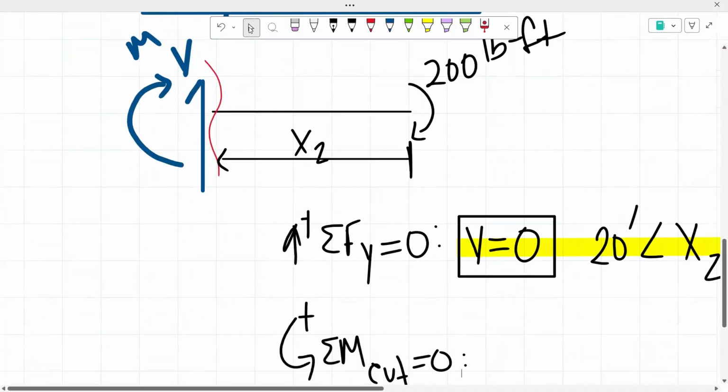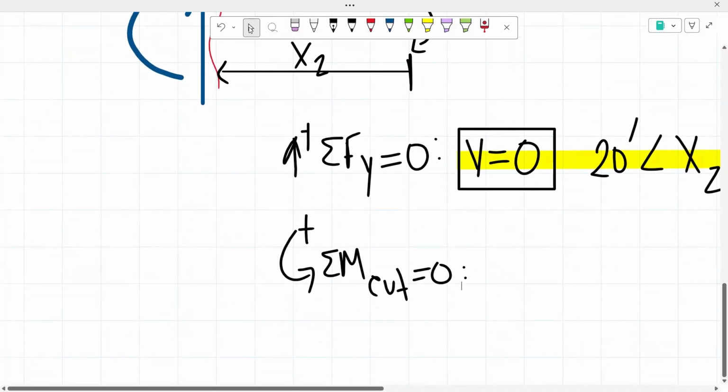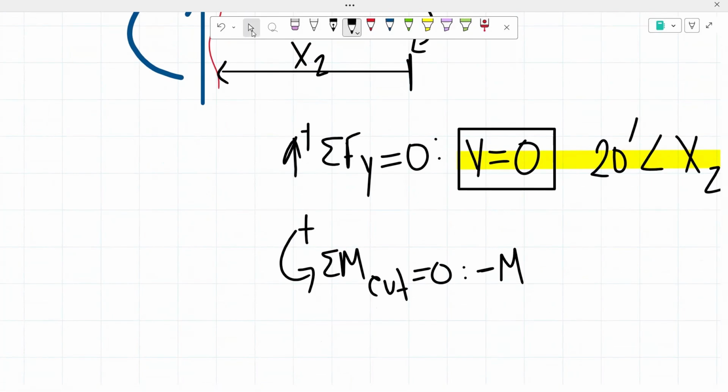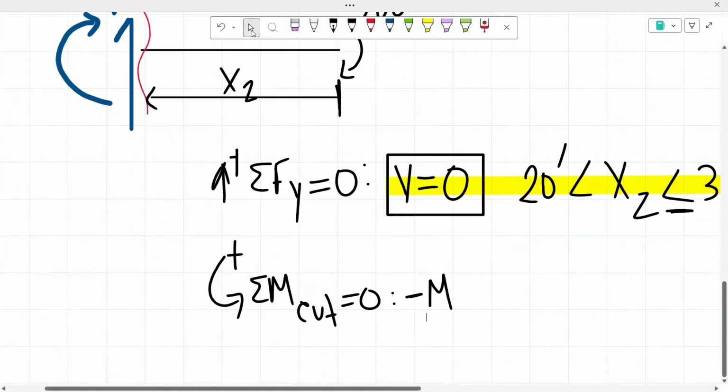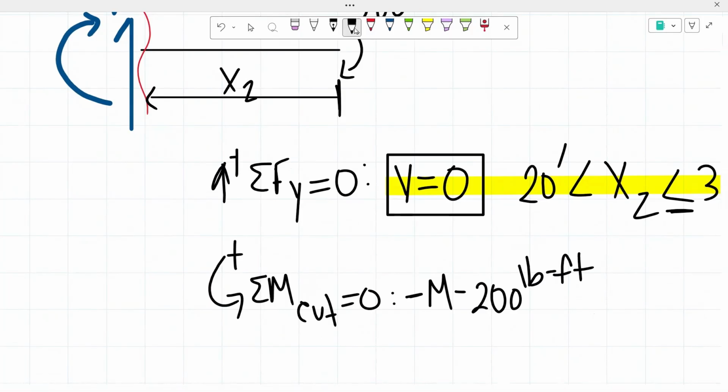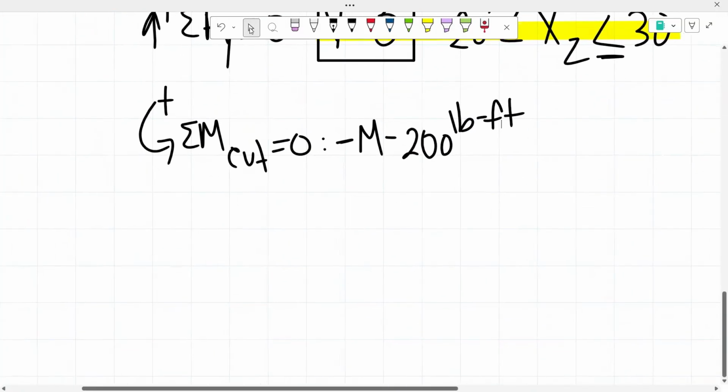So we have our moment going clockwise, so that's a negative moment. And then from there, we have our 200 pound-feet moment as well going clockwise, so another negative moment. And then we know our shear will not be creating a moment since it is right there at the point where we're taking the sum of the moments.